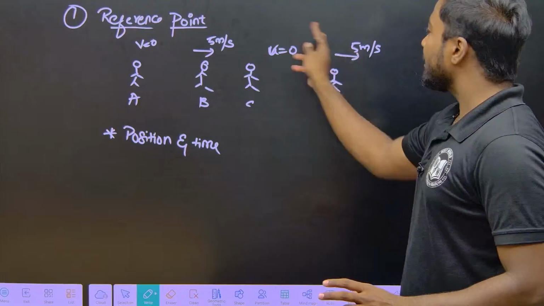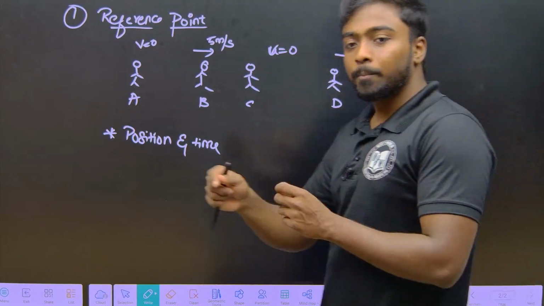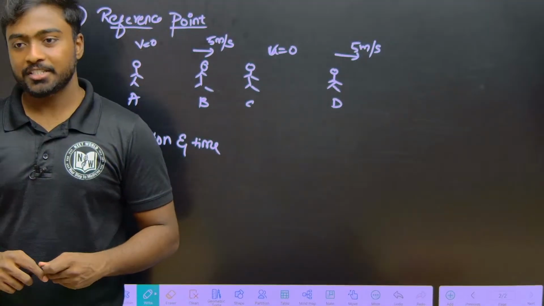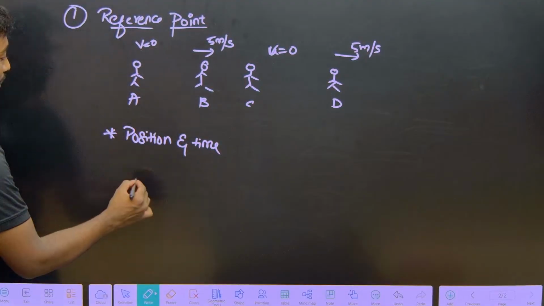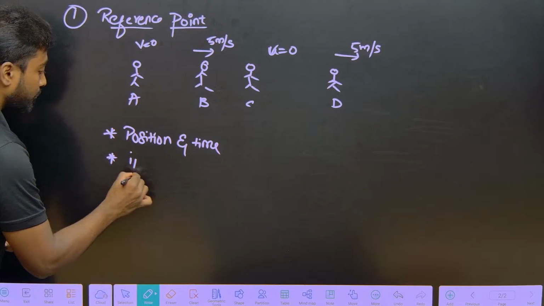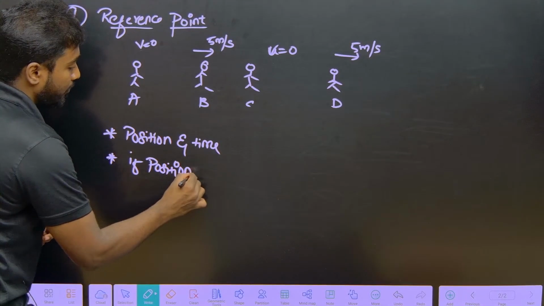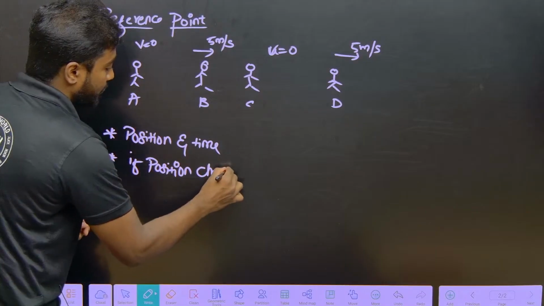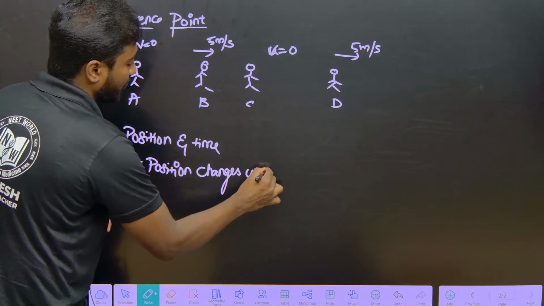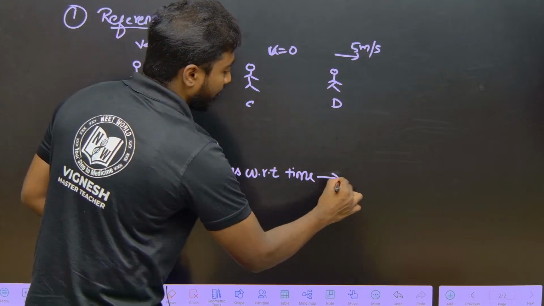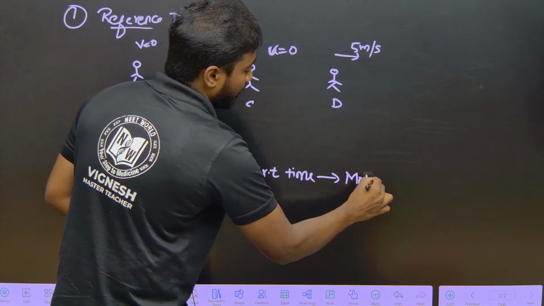If I take the speed as different, the distance between them changes. It means the position changes. So if position changes with respect to time, I can say it is motion.